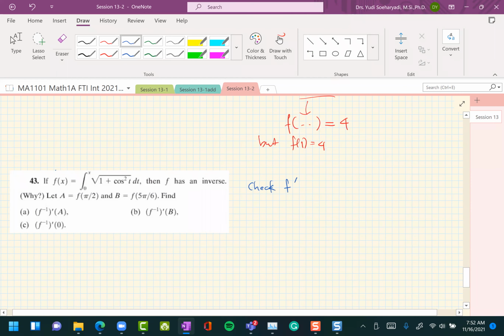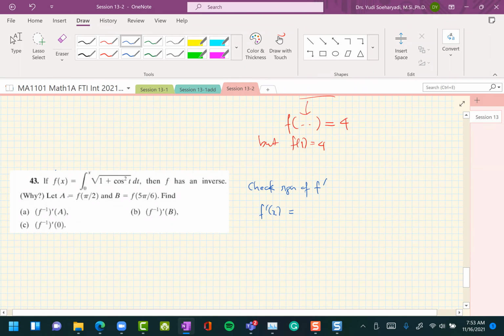F prime. It should say explicitly check the sign of F prime. Okay. So you compute F prime. By the fundamental theorem of calculus, the derivative just wipes out this integral, because this integral's lower bound is constant and the upper bound is just the variable x.